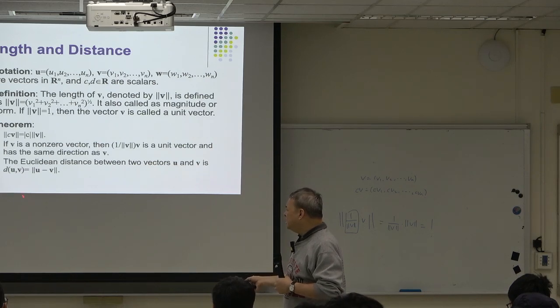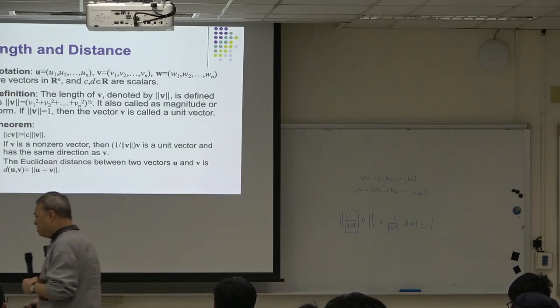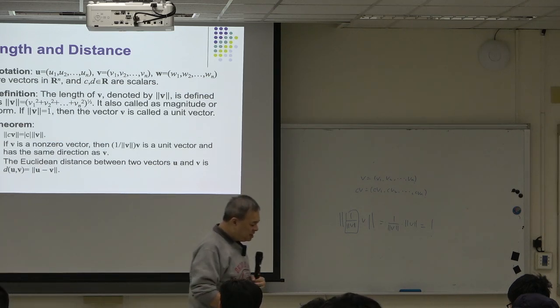If you want to prove something, you need to have a definition for that thing first. Since we haven't defined the distance of two vectors, I don't know how we can prove it. But anyway, this should be easy to understand.